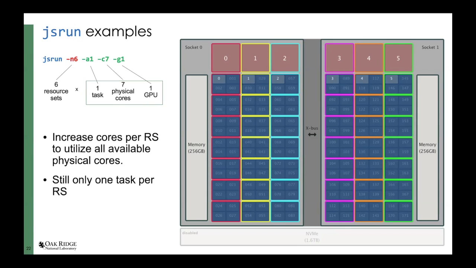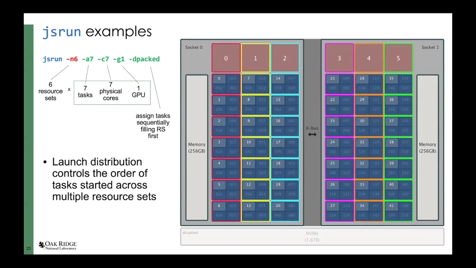By expanding the cores to 7, you can see we can now create resource sets that contain more physical cores. The issue here is that you still only started one task per resource set, but you have a lot of cores. So maybe this is helpful for layout, but most likely those are cores that are just sitting idle, and you didn't need to add them unless you want to request more tasks.